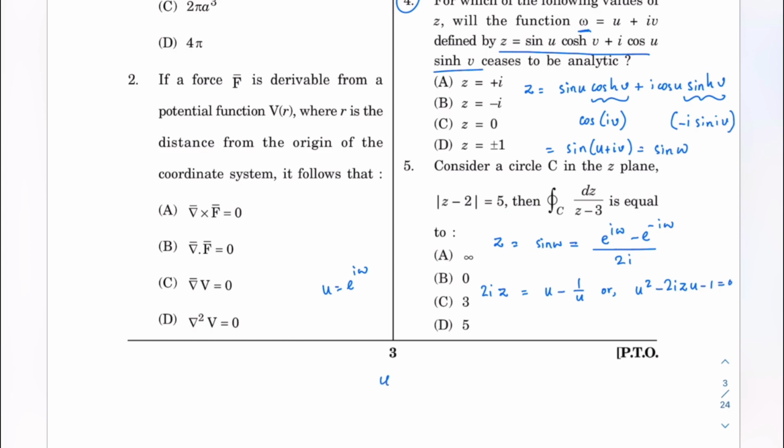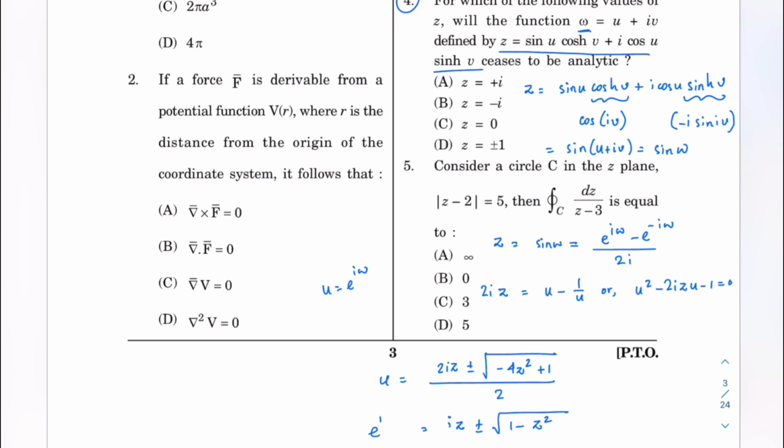We solve it for u. u is minus b, in this case 2iz, plus minus square root of b squared, that is 4z square plus 1 divided by 2, and this is equal to iz plus minus square root of 1 minus z square.